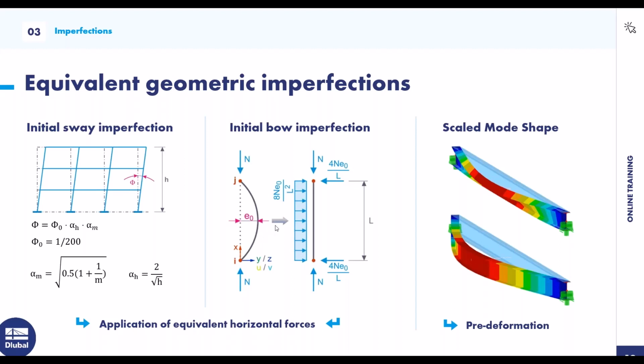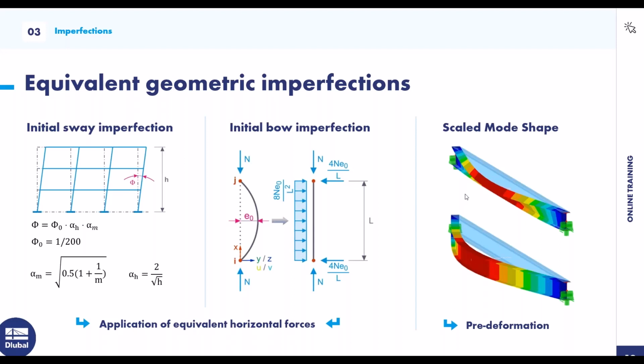And this depends on the selected profile, the yield point, the buckling curves, and the proof method. These two are possible variants of the equivalent geometric imperfections.